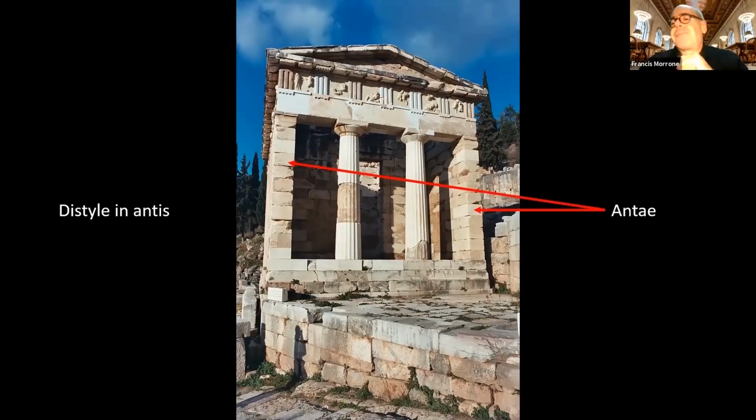The Romans developed them into what we call pilasters. The Greeks did not use pilasters as such, although they began the development of their antae, as we'll see, in that direction. But this particular kind of temple front we call distyle in antis, 2 columns between sort of bookending antae.